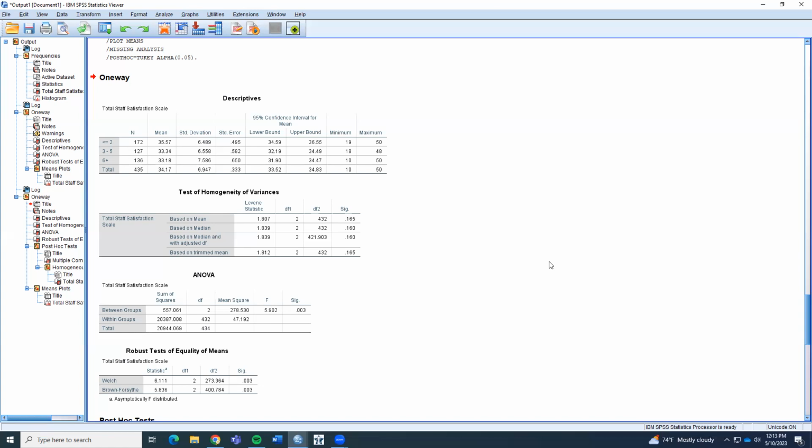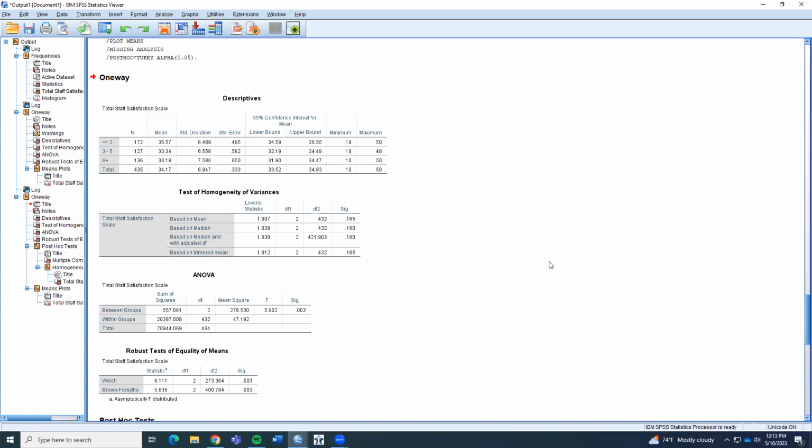But in this step, we find the critical value of F, which is the value that separates the rare zone from the common zone of the sampling distribution. The decision rule is if F is greater than or equal to the critical value of F, we will reject the null. And if F is less than the critical value of F, we will fail to reject the null.